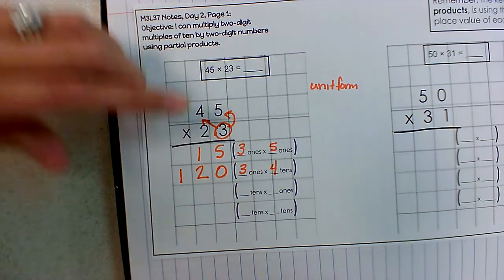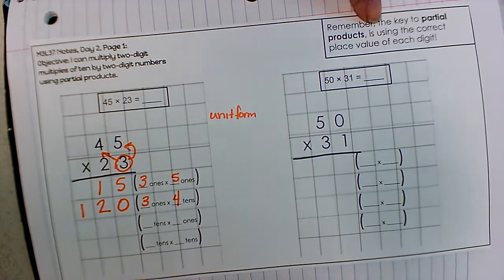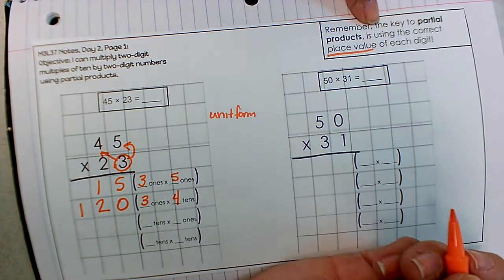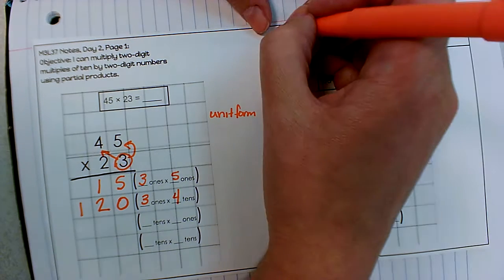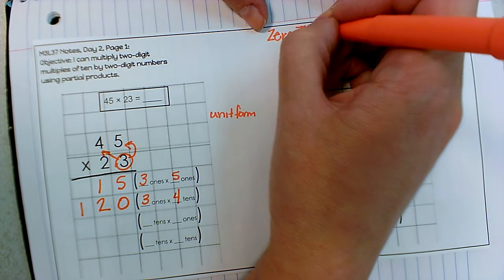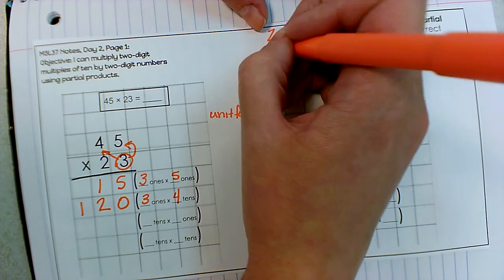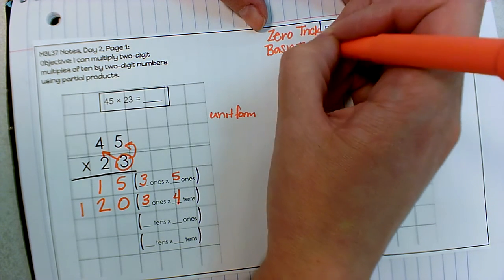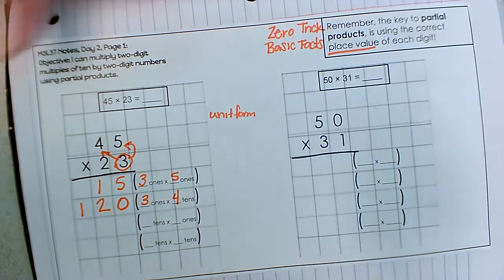Our goal with partial products, I'm going to remind you of this really quick, is to remember our place value of every digit. Okay? I'm also going to remember our 0 trick. That is extra helpful with that 0 trick and our basic facts. That's what I'm looking for in this partial products.